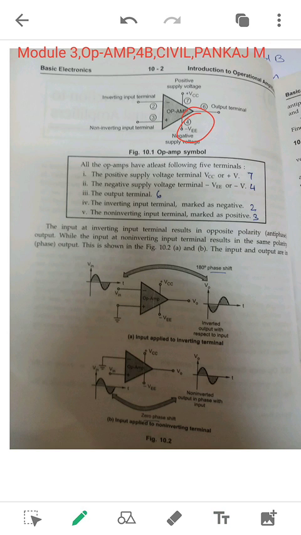Pin number 6 is the output voltage V0, and we have 2 terminals: the inverting input terminal at pin number 2 here, and the non-inverting input terminal on pin number 3.